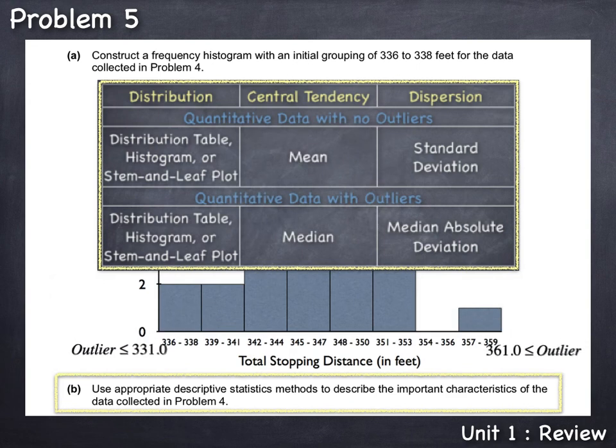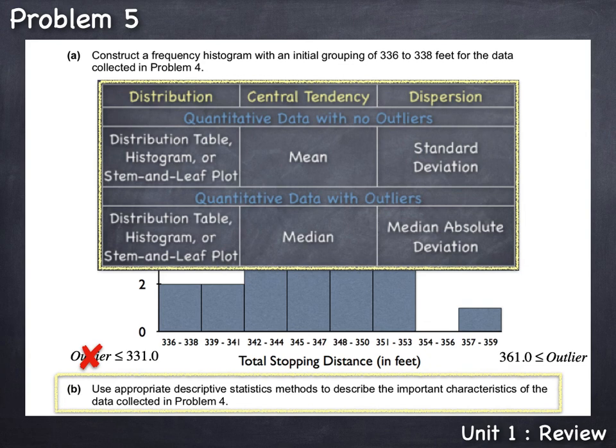So looking at our histogram, we see that the histogram goes to a low of 336 feet, and none of the data appear in the outlier range, which is 331 or lower. So there's no data that fall in the outlier area on the left.